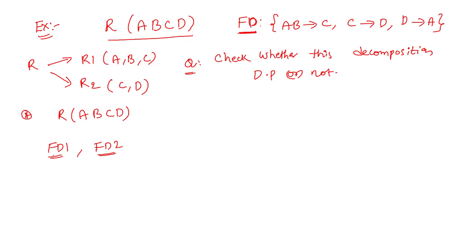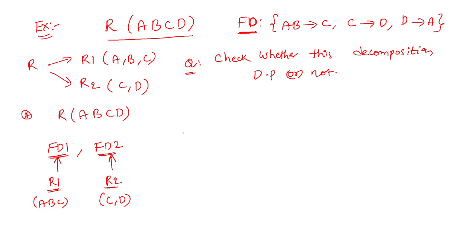How can I get functional dependency set 1 and set 2? We can get functional dependency set 1 from relation R1. R1 contains A, B, C. From this relation, I can get functional dependency set 1, assume that as FD1. Then I will get functional dependency set 2 from R2. Now R2 has the attributes C and D.